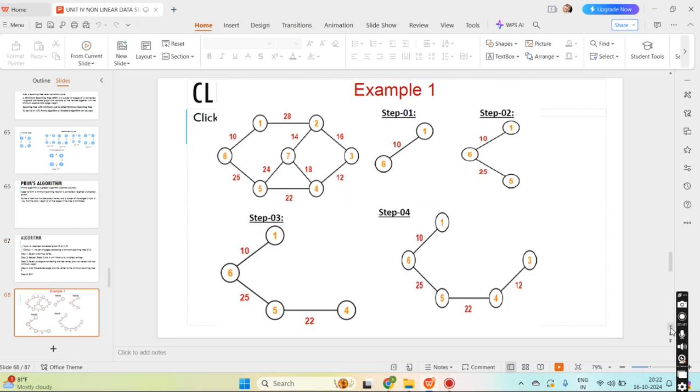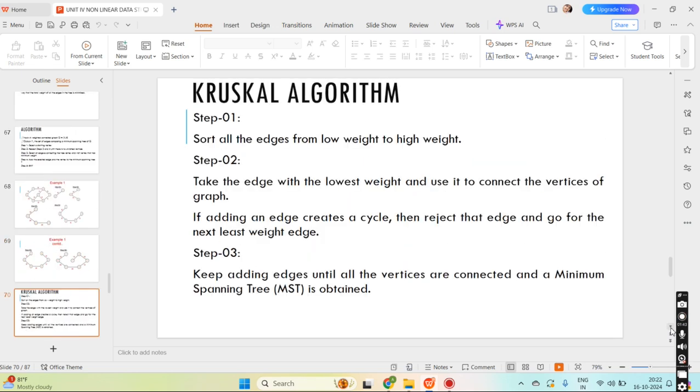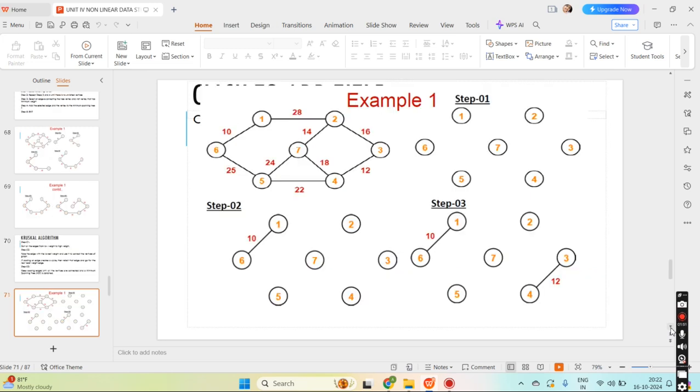Next is Kruskal's algorithm. The main purpose of Kruskal's algorithm is that we can calculate the minimum cost using it. This is the example for Kruskal's algorithm. The first step is to identify the minimum cost within this diagram.